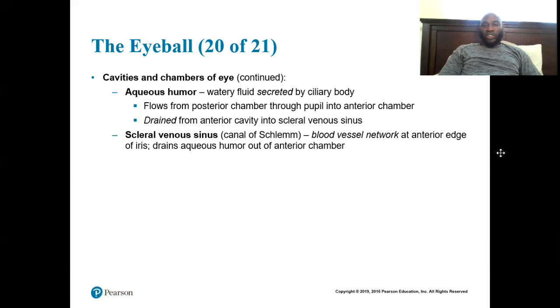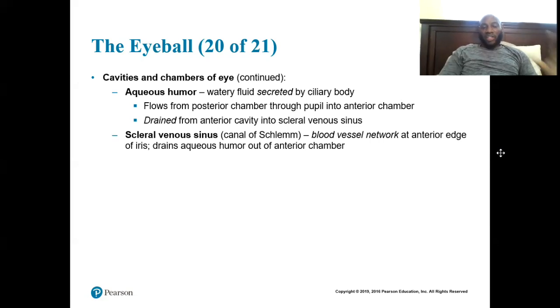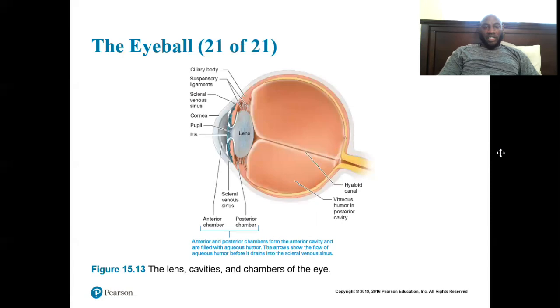It flows from the posterior chamber through the pupil into the anterior chamber, and is drained from the anterior cavity into the scleral venous sinus, which is a blood vessel network at the anterior edge of the iris. So that's just the two different chambers. You have fluid in the front, a jelly-like substance in the back, and that is the structure. Lens, cavities, chambers of the eye.